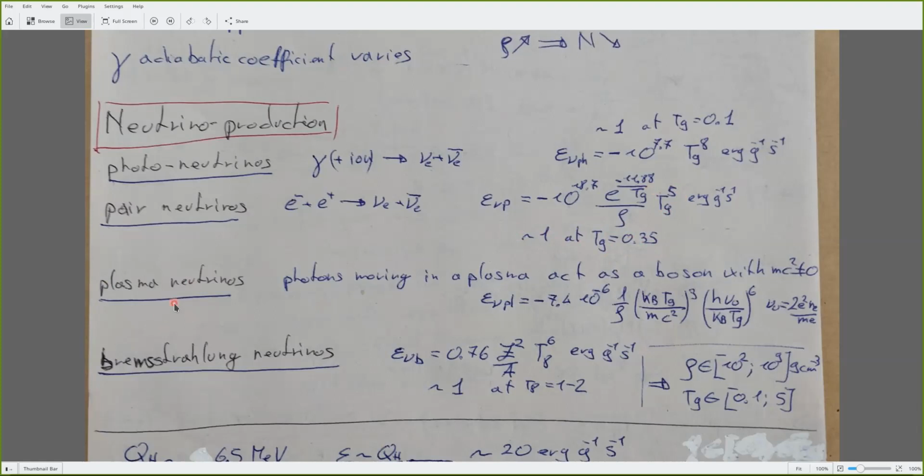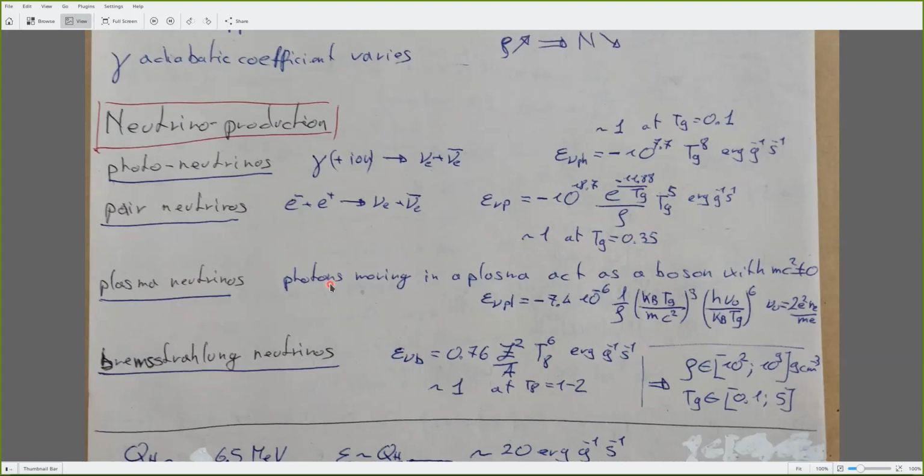Plasma neutrino is a peculiar phenomenon. Saying it quickly, the photons, when they are moving inside the plasma, can behave like bosons but with a rest mass.